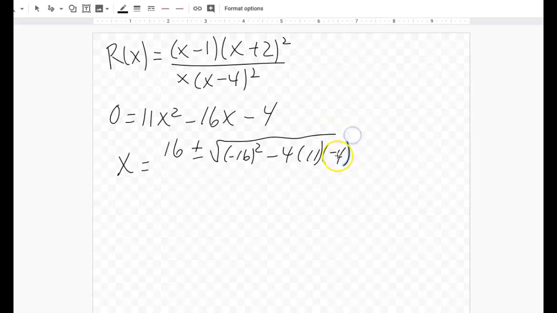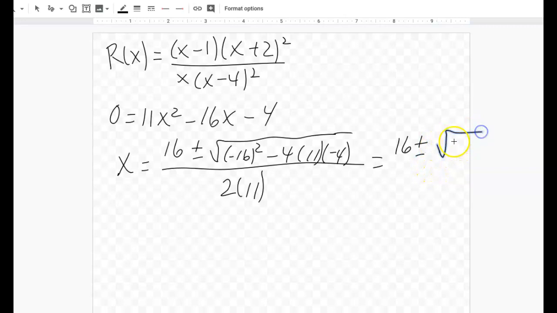Let's extend that square root, all divided by 2 times 11. And so when I punch this into my calculator, I'm coming up with 16 plus or minus square root 432 divided by 22.